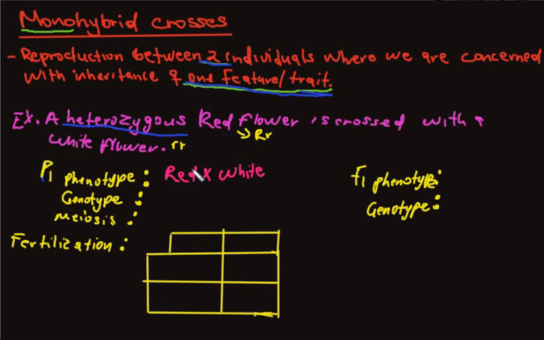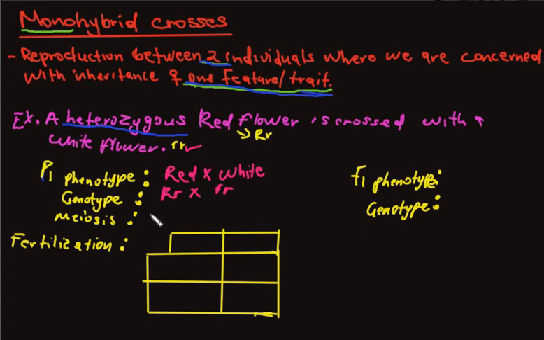That means this is a monohybrid cross, because we are concerned with only one feature, which is the color. Genotype: red is capital letter R, small letter r, times the small letter r's, which is white right there.